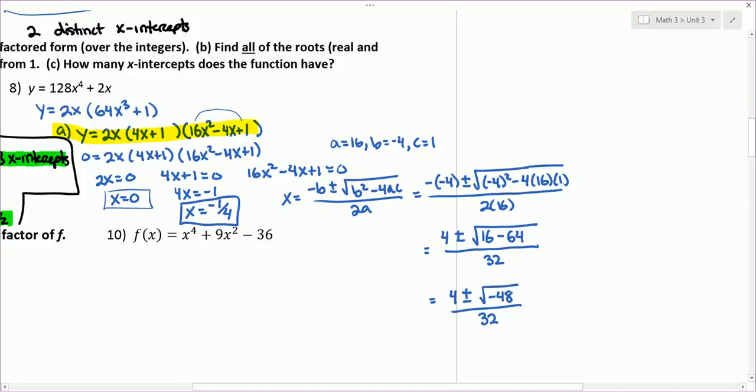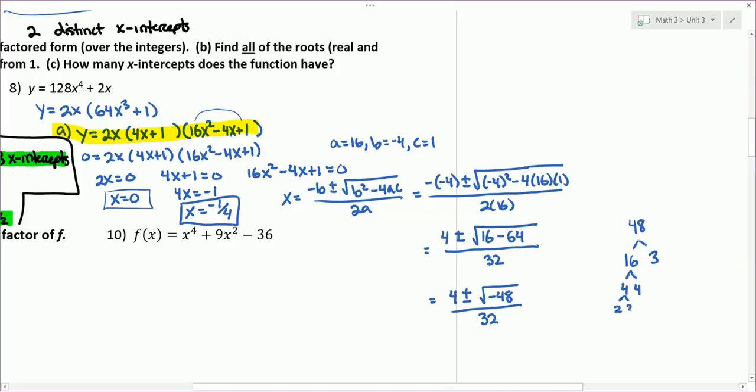We need to simplify our square root if we can. There's a negative, so we're going to have the imaginary i out in front. But think about the square root of 48. 48 is 16 times 3. 16 is 4 times 4. And if you want to keep going, you can.